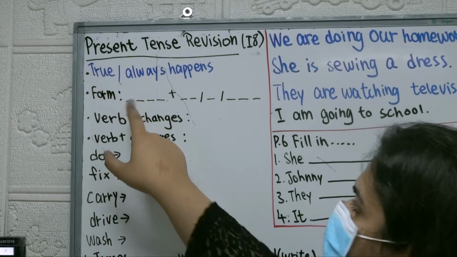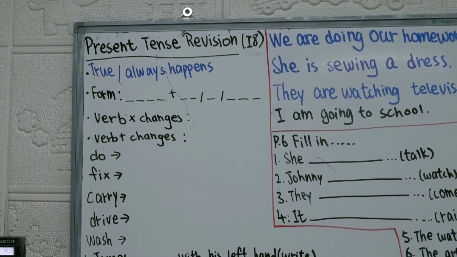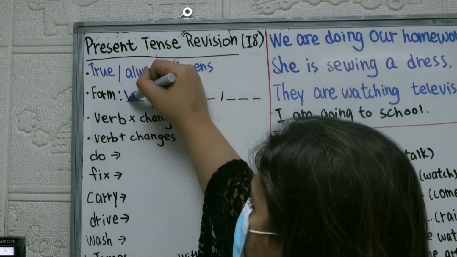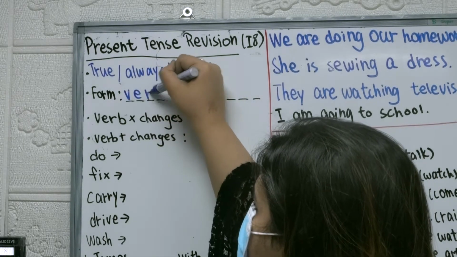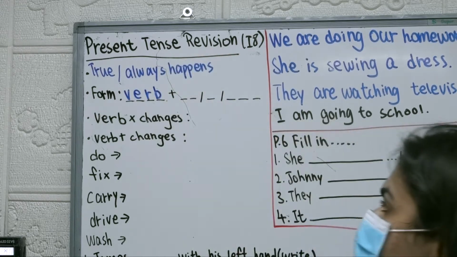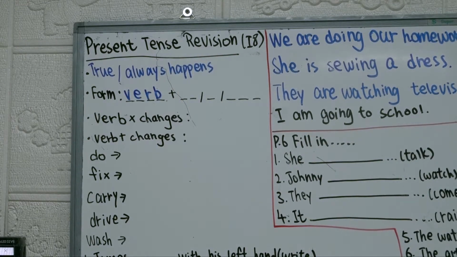And then how do we form it? We put a verb, right? What is a verb? A verb is an action, okay? A verb is an action.